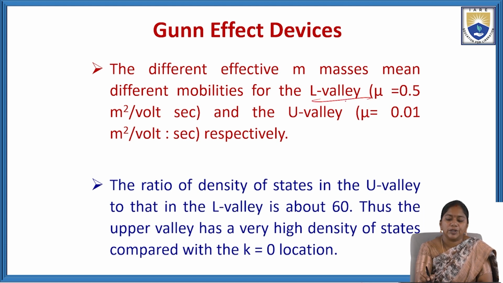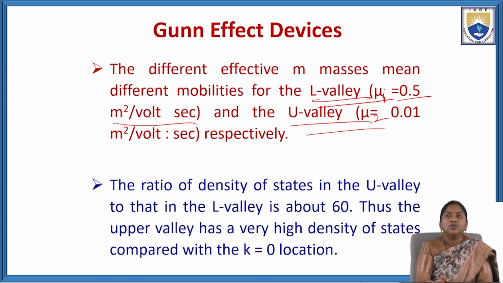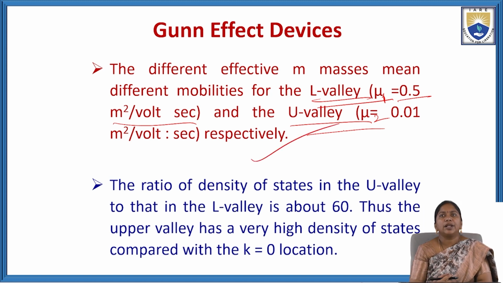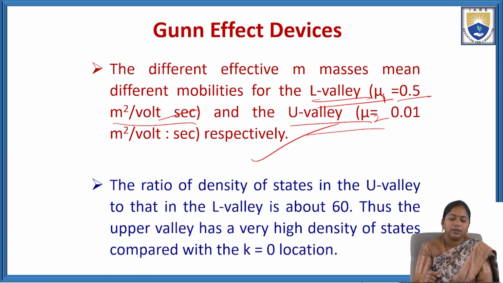The mobility for the L valley is mu1 equal to 0.5 meter square per volt second, and the mobility for the U valley is mu2 equal to 0.01 meter square per volt second respectively.